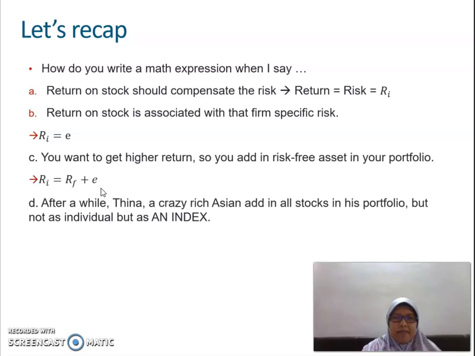Okay, next. After a while, Tina, a crazy rich Asian, adds in all stocks, but not as individual stocks, but as an index. So how do you help Tina to write the math expression?